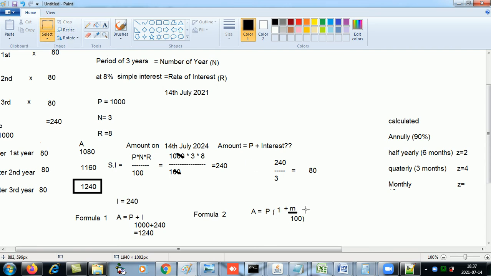We close this bracket over here. So this 1 is for the whole thing: 1 plus Rn upon 100.